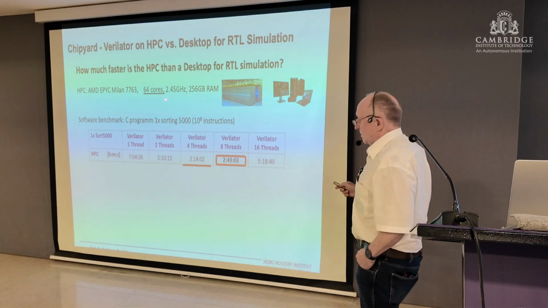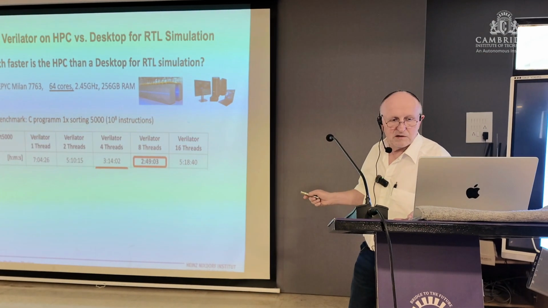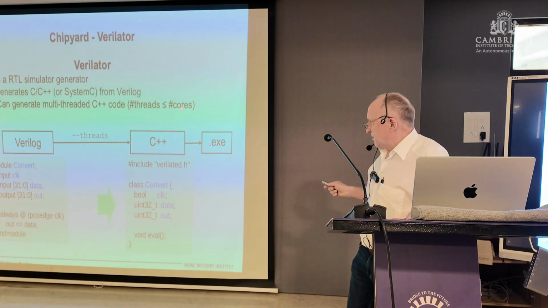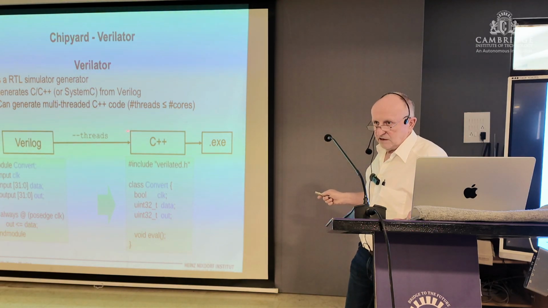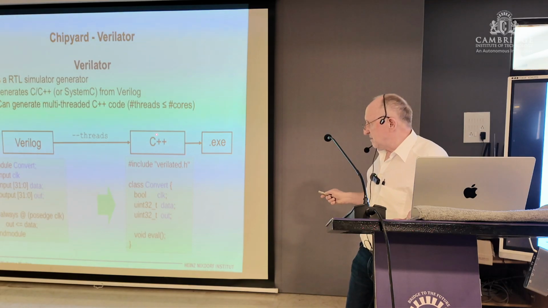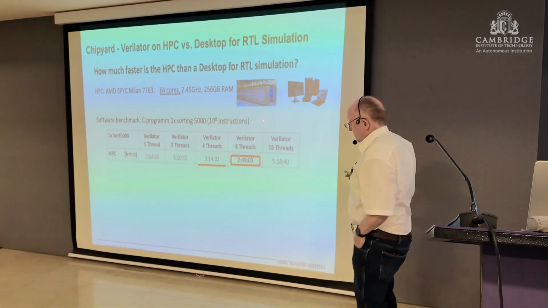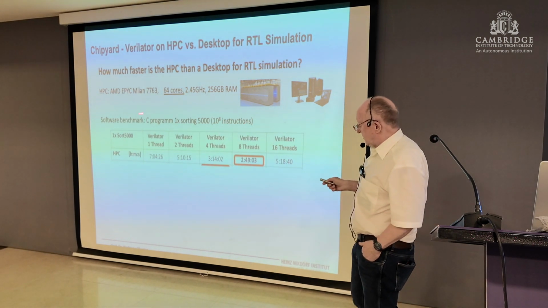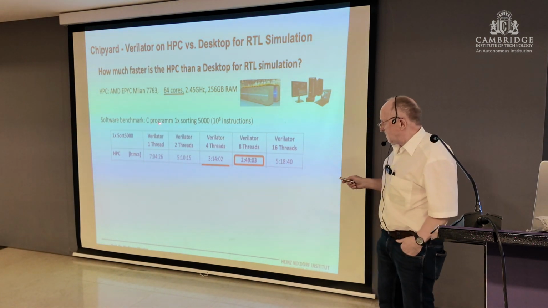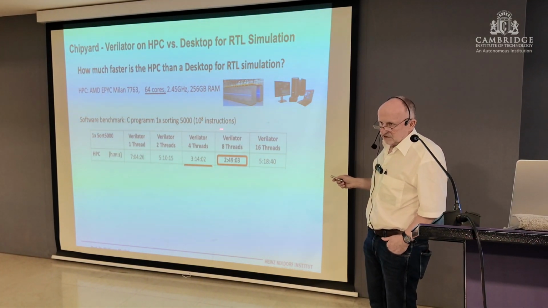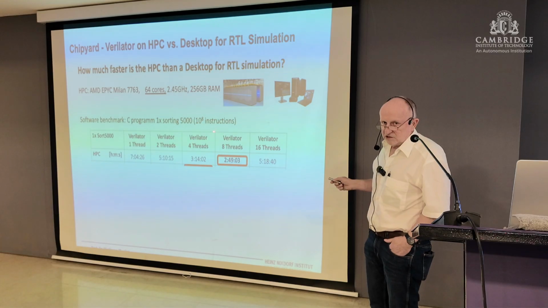What is very important, I will get back to it: the number of cores needs to be greater than or equal to the number of threads you define here. Otherwise, Verilator does not start.